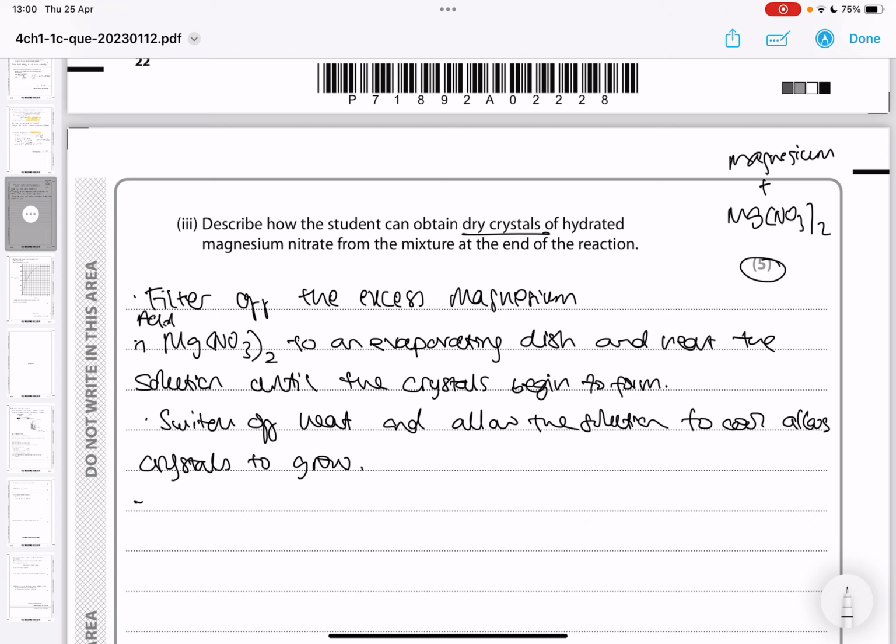Now, once the crystals grow, you will have some magnesium nitrate left in there, because not everything's going to crystallize. So you want to filter the excess liquid, or magnesium nitrate, to obtain the crystals.